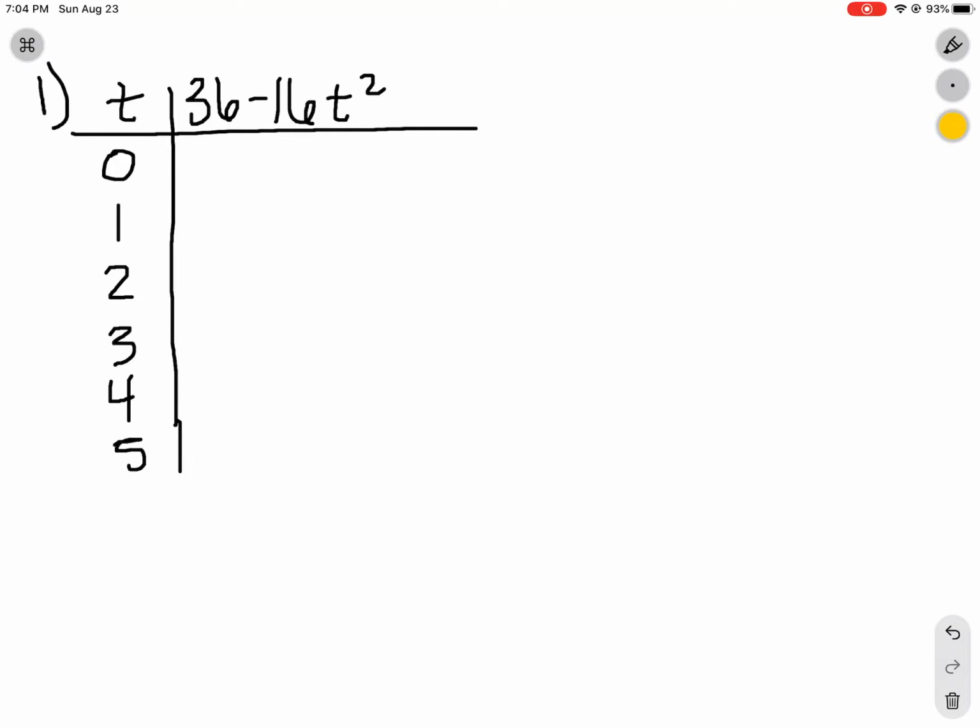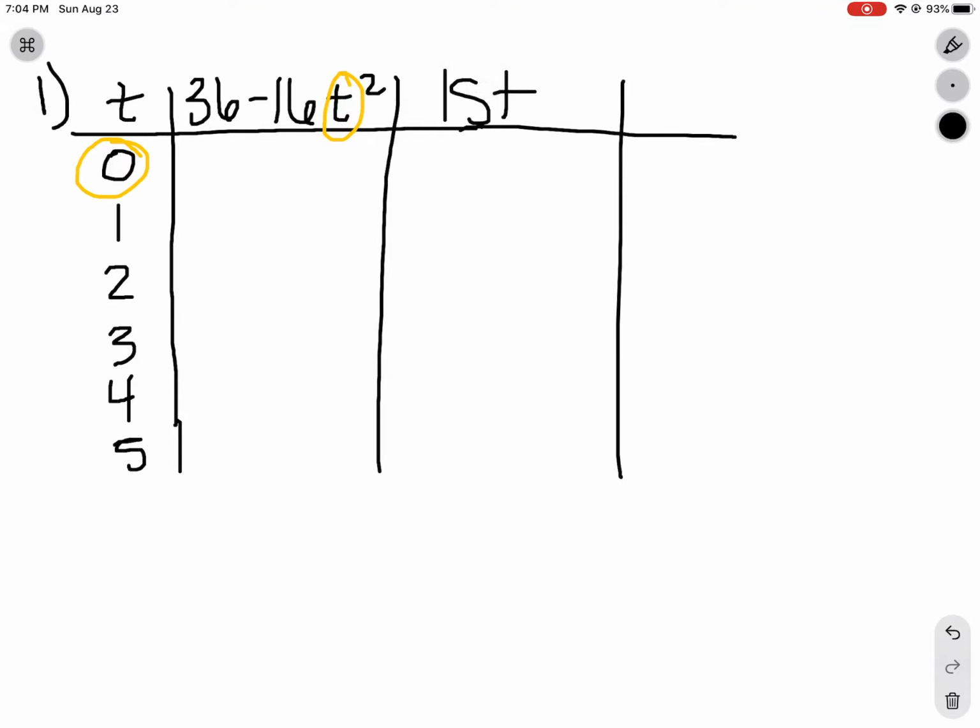So those are the numbers that you'll plug in to t. And then obviously you'll do what the problem says. This specific one says find the second differences.